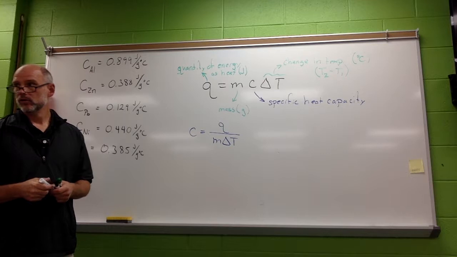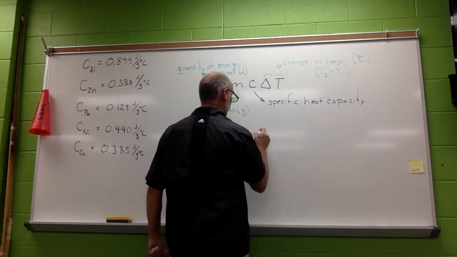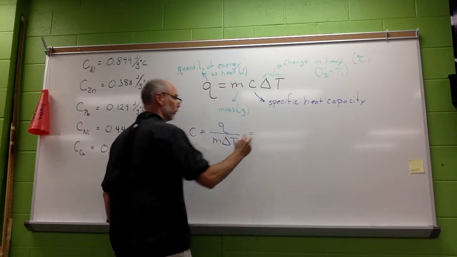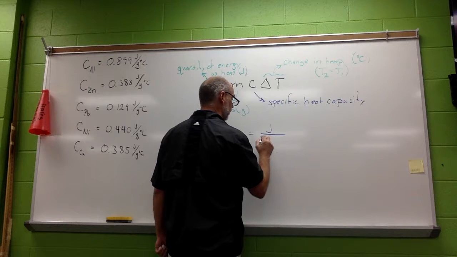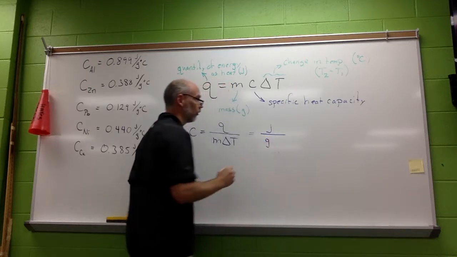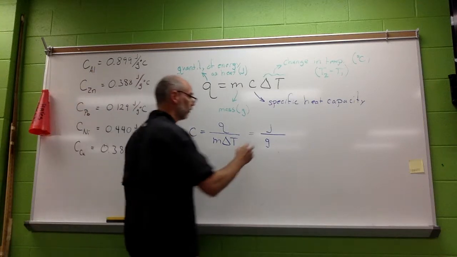Okay? So if we do that, remember our Q's are measured in what units? Joules. Our M's, our masses, are measured in grams. And what is our temperatures measured in? Degrees Celsius.